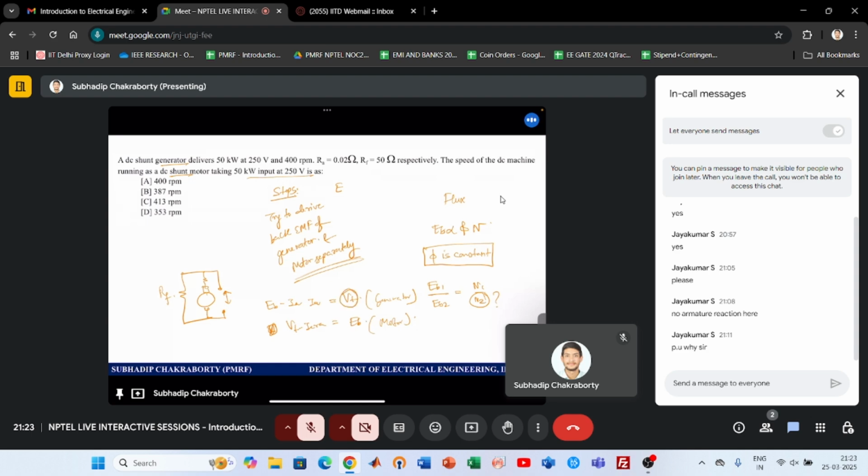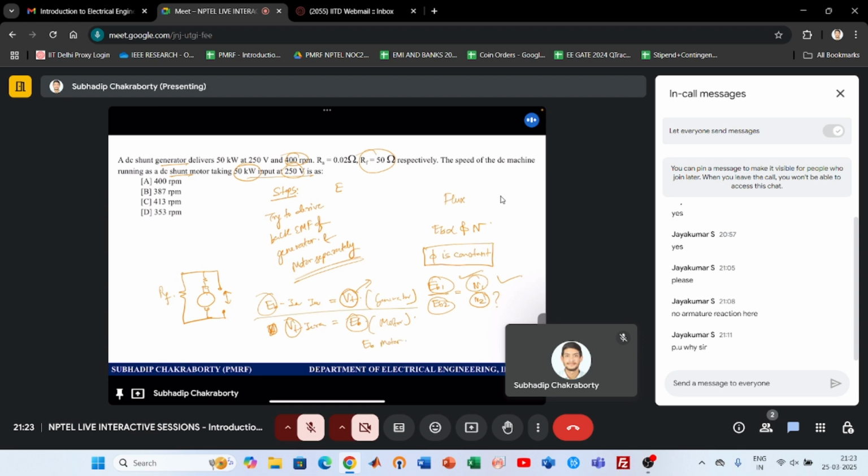So once you try to find out, because VT for generator is given, similarly VT for motor is given, and the speed is also given. So you try to determine the back EMFs. The speed of the generator is given, so EB1 and N1 are given, and EB2 can be determined because the power and voltages are given, and the shunt field resistance you know. From there you can determine the EB of motor.